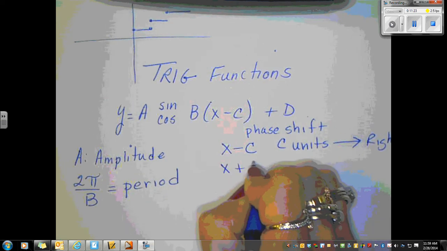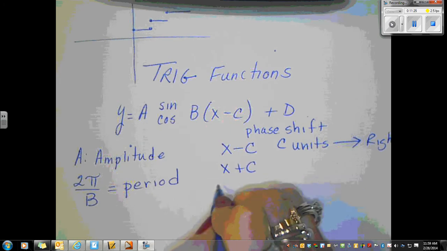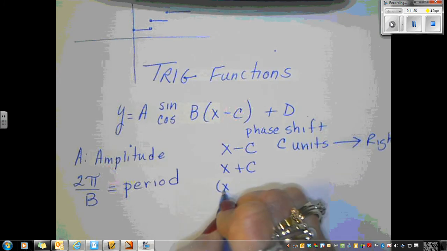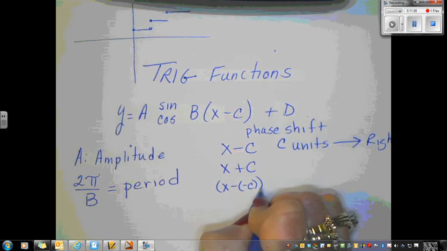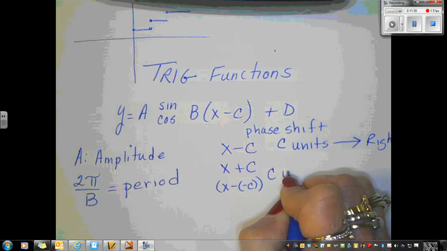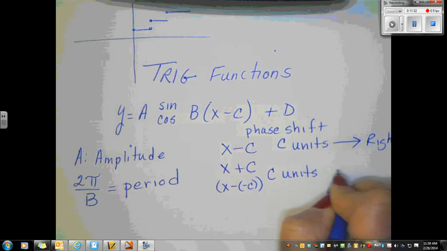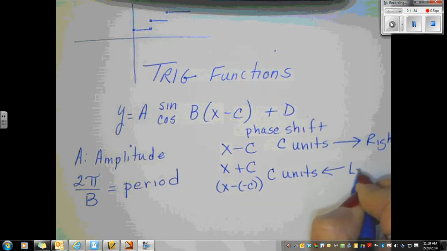X plus C, which is really X minus negative C, is C units left.